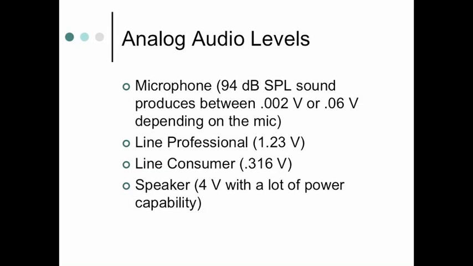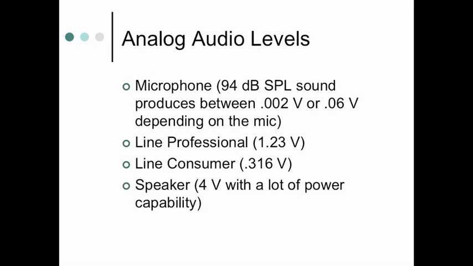Professional line level is the level that everything operates in at the studio level once it's gone through a microphone preamp. And that's why a microphone needs a mic preamp to bring it up to line level, from microphone level. Consumer line level is considered minus 10 dB, and a lot of your consumer electronics has that kind of a level. Like out of your TV would be a consumer line level.